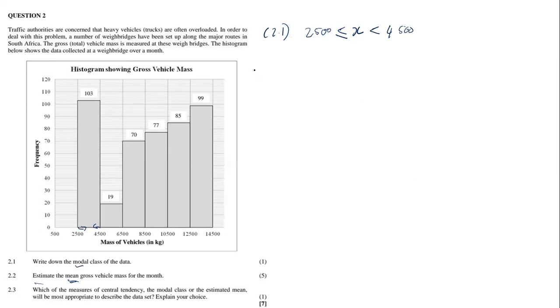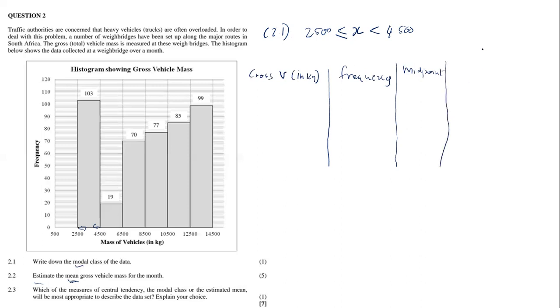You're gonna have gross vehicles, I'll just write V, gross vehicles in kg, and therefore here I'm gonna have frequency, and then here I'm gonna have the midpoint, and then here I'm gonna have frequency multiplied by the midpoint. Now this is how we represent this.